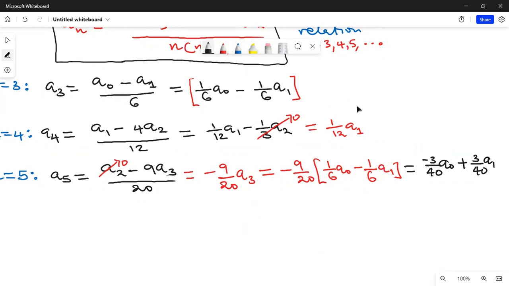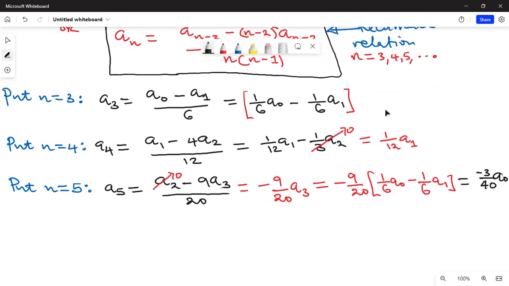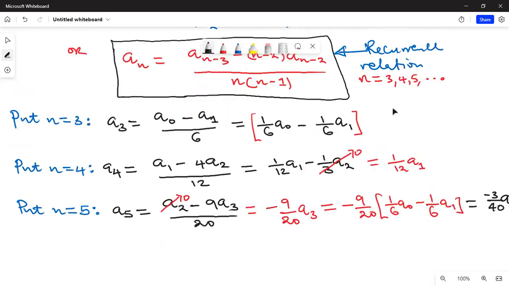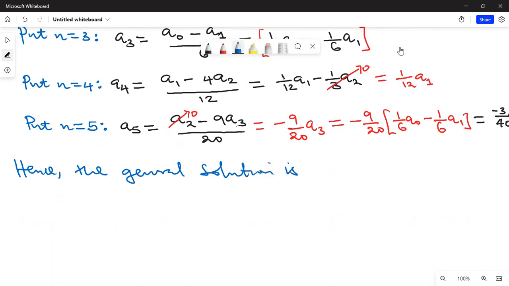Now, remember, you can go all the way up to infinity, but we just need to know how the series starts. So the first few coefficients will tell us how the series starts. So now that we know the coefficients, we go back to the solution. Hence, the general solution is, look at where we started.